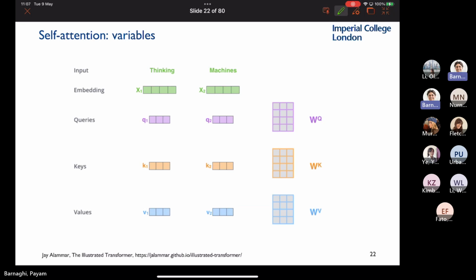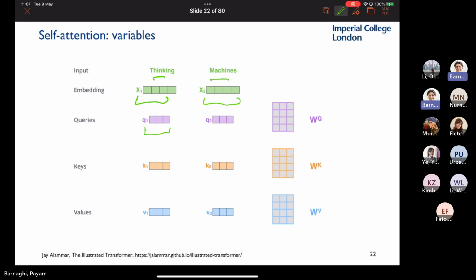Then showing it again in different words, you have the words now, and you have sort of embeddings. Imagine here we have "thinking machines" and we apply an embedding. I'll give some examples later and tell you how in natural language processing you create embeddings. Now you see the dimensions are a bit different, from 4-dimensional inputs to 3-dimensional.